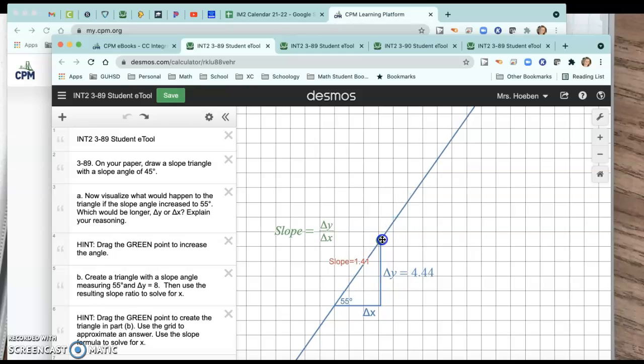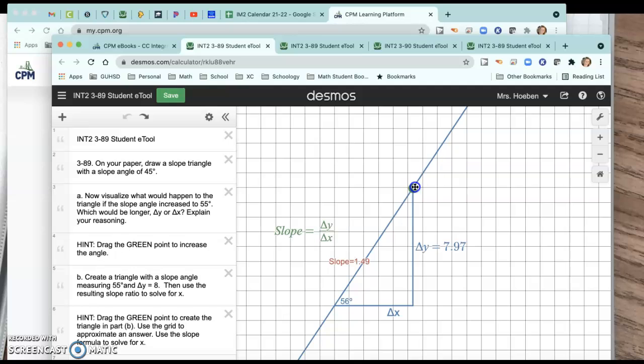There it is, 55, but we want that to be 8. Where is it? Oh, we want that to be 8. 8 is right there. Okay. Keep it at 8.